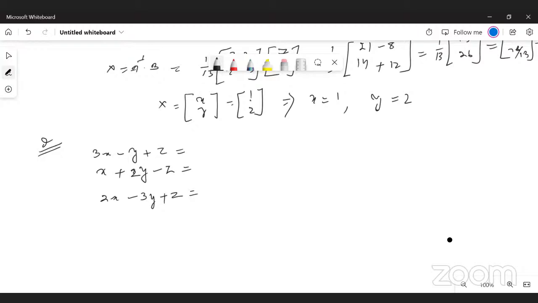And the outcomes are given. Okay, so these are the outcomes. Now try to solve the values of x, y, and z with the help of the matrix method.